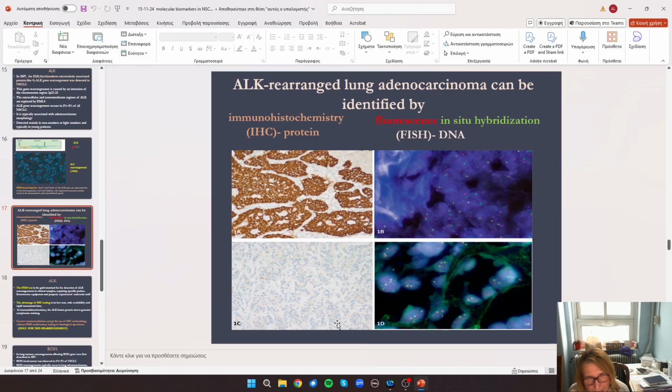Figure 1C and 1D correspond to a patient that is negative for ALK rearrangement. The two colors are together, and here there is no expression of this protein. Above, we can understand that ALK is present by the brown color in the cytoplasm of tumor cells.